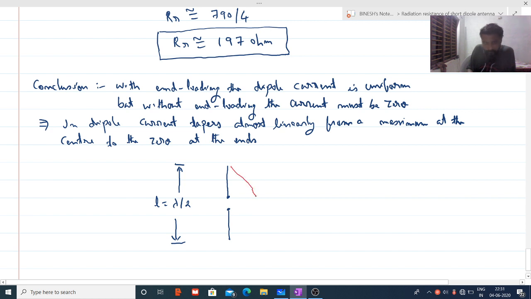From here it will taper like this. So this will be the current distribution. This is what is called the triangular current distribution.